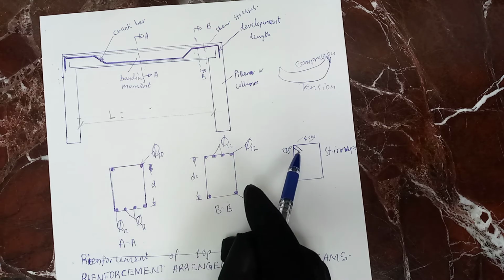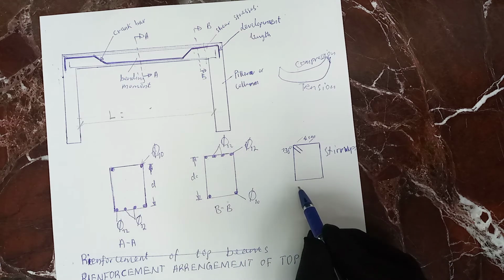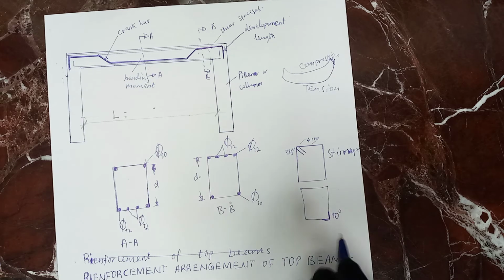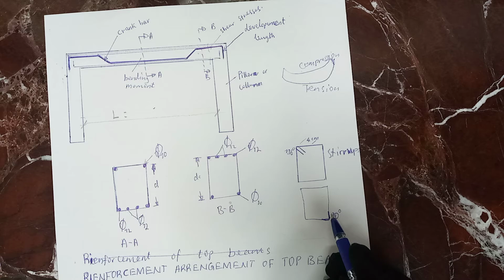It can easily open. Imagine it is just like this, just at the angle of 90 degrees. If it is at 90 degrees, it cannot resist the shear stresses. When it is becoming tension, this angle can easily open.